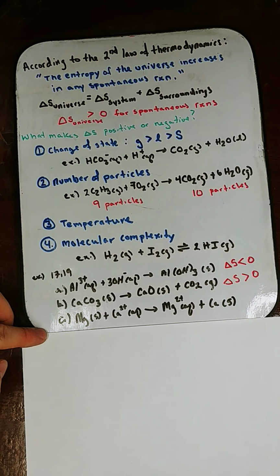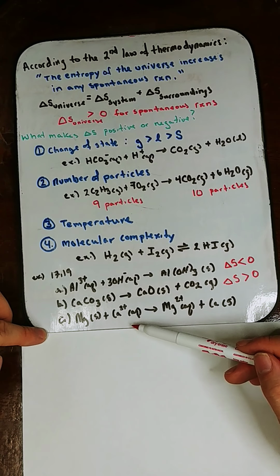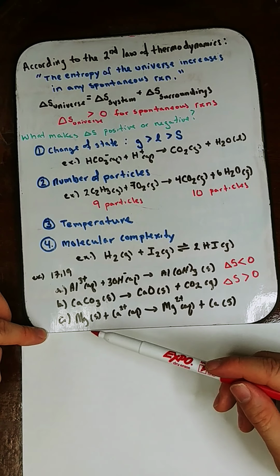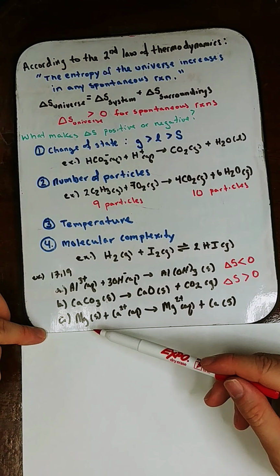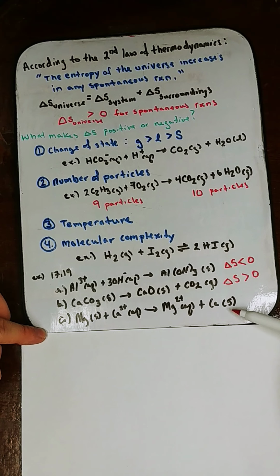This third example, I have magnesium solid reacting with aqueous calcium 2 plus to produce aqueous magnesium 2 plus and calcium in the solid phase. So I've gone from 1 particle in the solid phase and 1 particle in the aqueous phase to 1 particle in the solid phase and 1 particle in the aqueous phase.